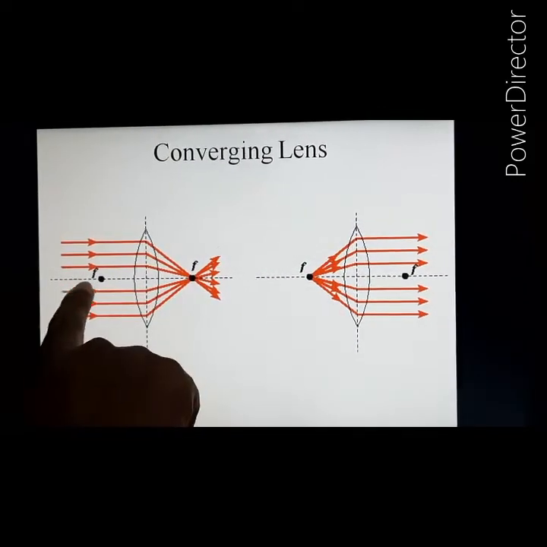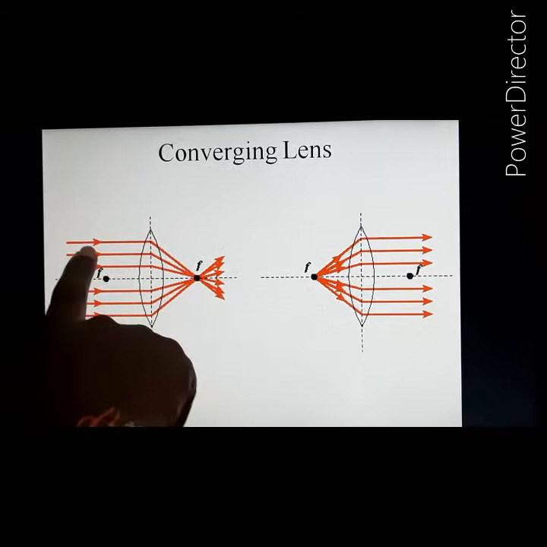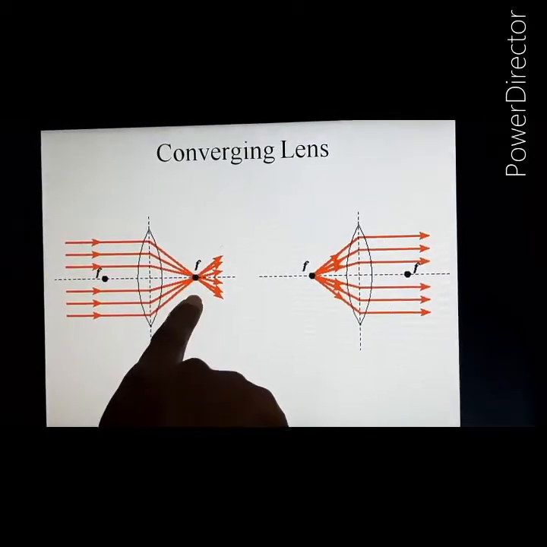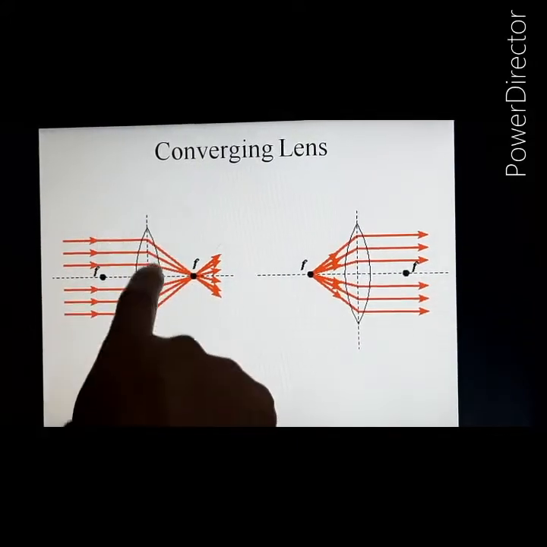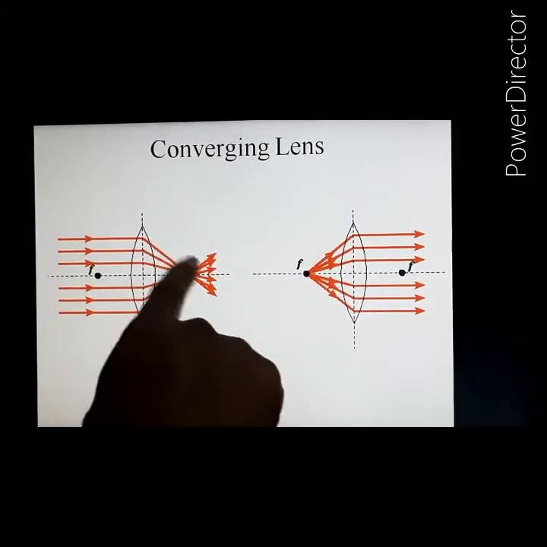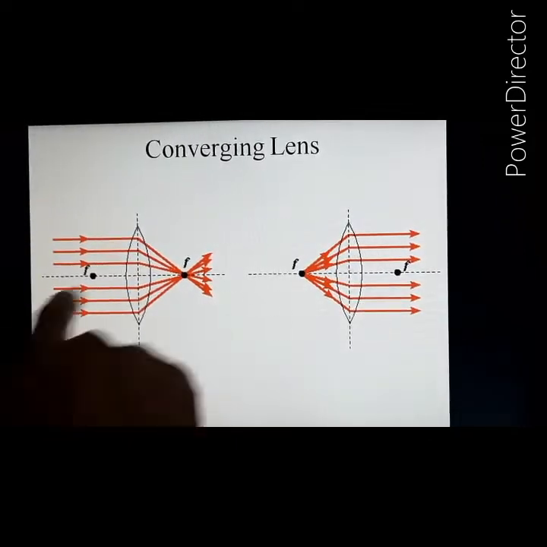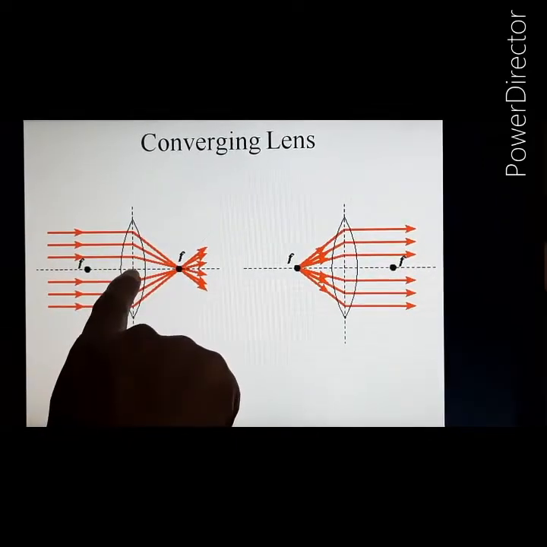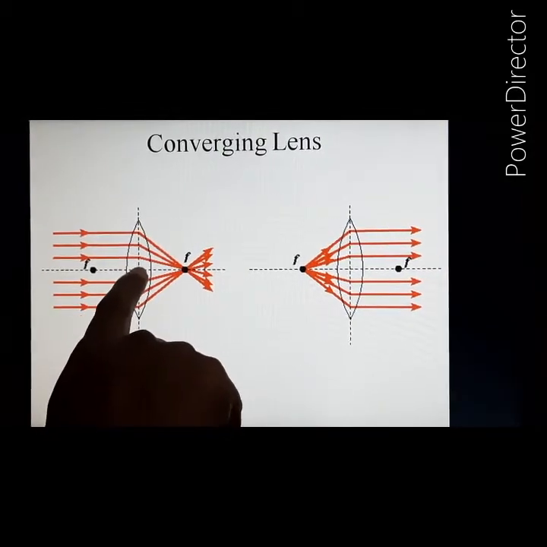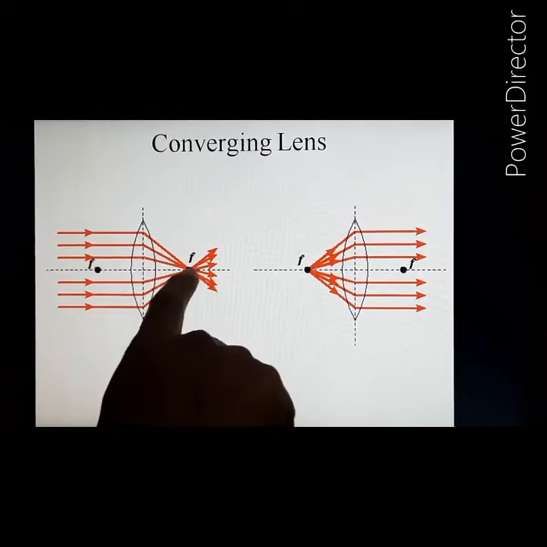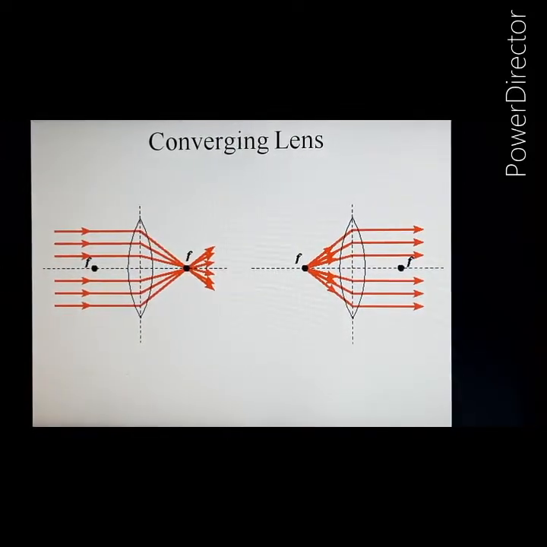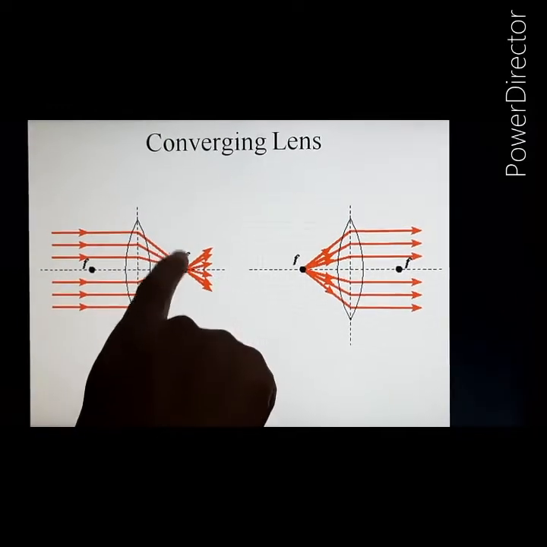The point where the light rays meet in a converging lens, and where they appear to meet in a diverging lens, is called the focus. The length from the focus to the center point, the optic center, is called the focal length. That is denoted with the small letter f. Actually this is with the capital letter.